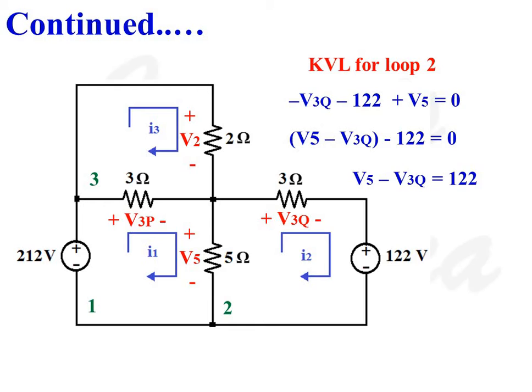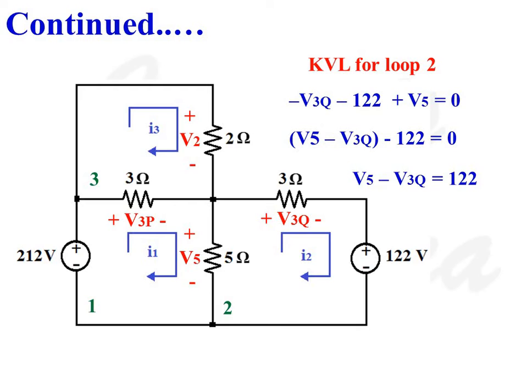Considering voltage drop across 5 ohms resistance, moving in the clockwise direction as we move from negative potential to positive potential, V5 should be taken as positive, so plus V5. When we consider the third voltage term, voltage drop across 3 ohms resistance V3Q, as we move from positive potential to negative potential, V3Q should be taken as negative, minus V3Q is equal to 0.